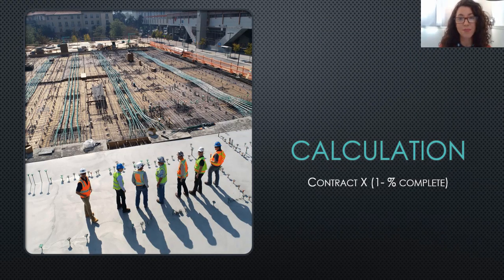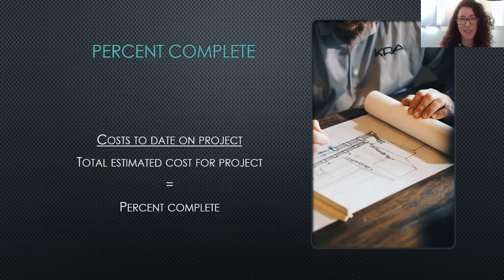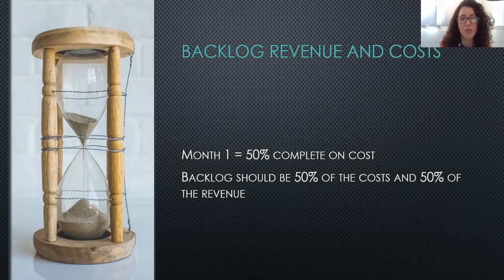Go back to the formula, and then you've got the rest of that. So let's just say you're 55% complete. So 45% of that would move into the future. That would mean 45% of your contract would be backlog, right? Pretty easy. Let's move on and just use a really quick example with 50%. So let's say that we have 50% complete. We have 50% on the job.